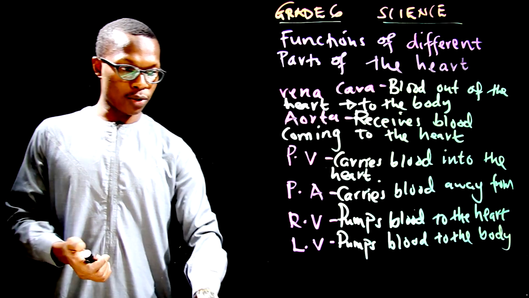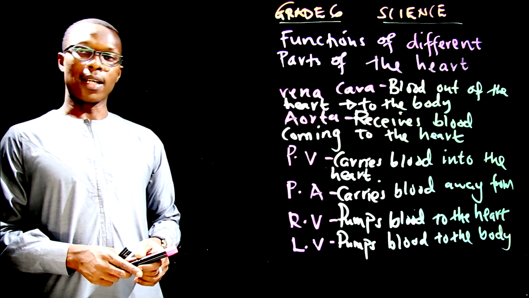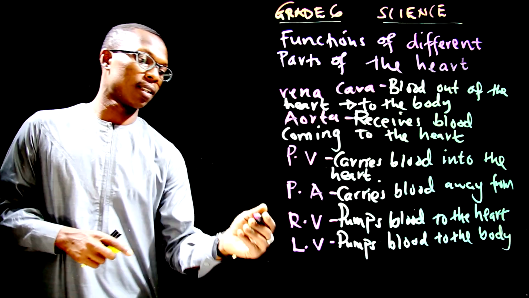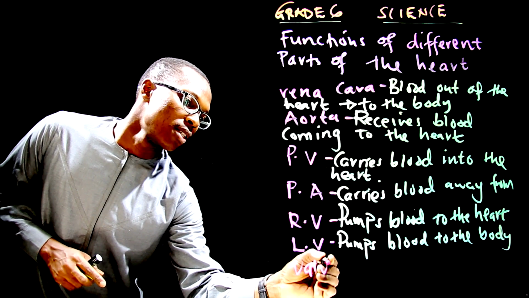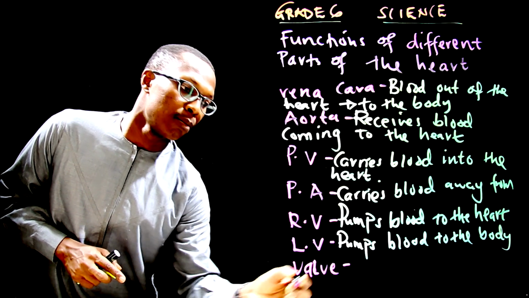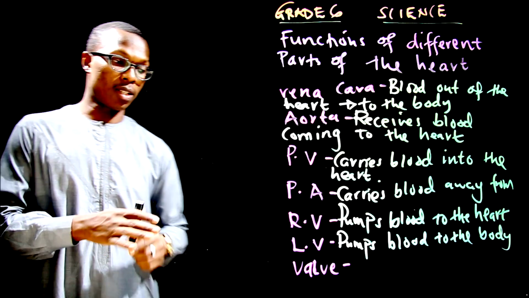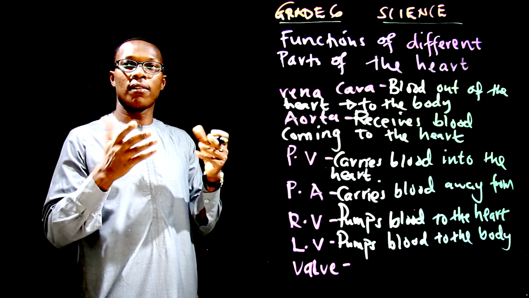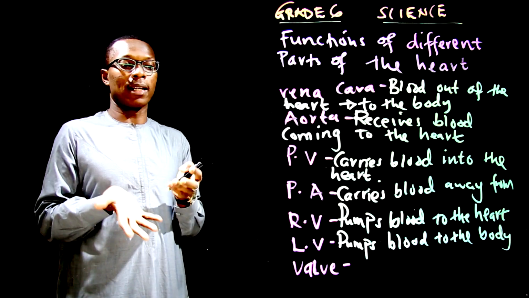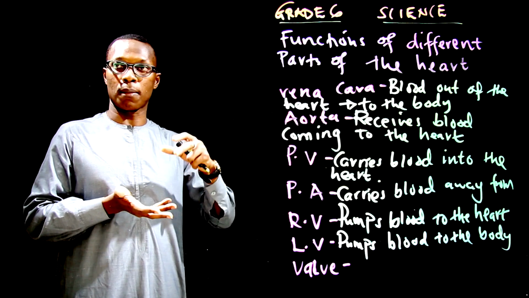And remember, we also talked about valves, right? We said these valves are on both sides, the right side and the left side. Now, there is too much pressure happening because the heart is pumping the blood.